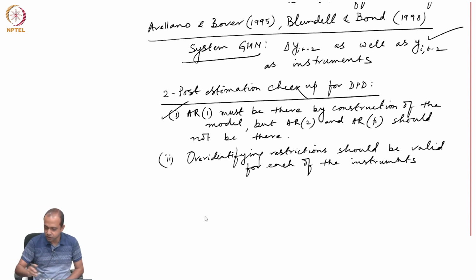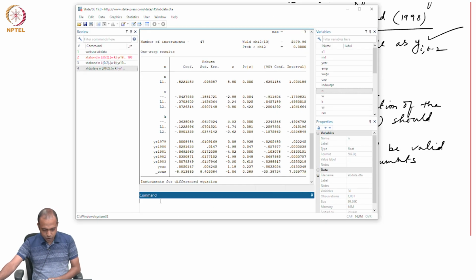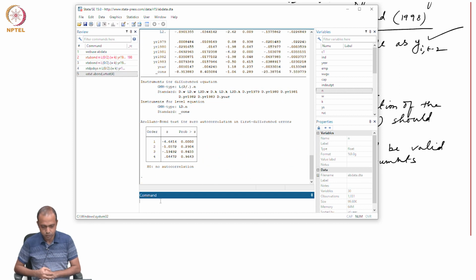We will start with the first one, whether autocorrelation of higher order is maintained or not. The command for this, once we estimate this, we can use the estat command, estat abond, and then we have to put a comma, artests. Here I am putting up to 4th order autocorrelation, artests 4. Now look at what is happening.